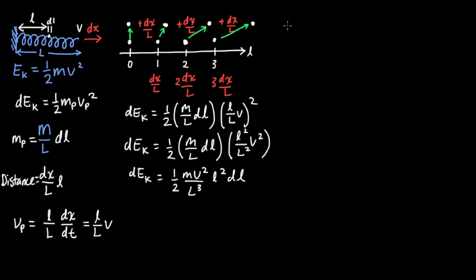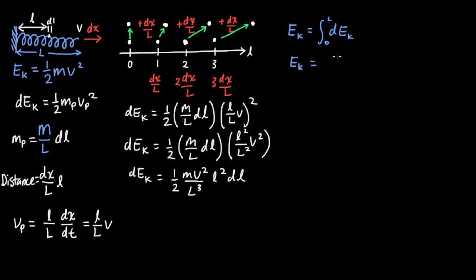The kinetic energy of the spring is the sum of the kinetic energy of all the points on the spring. To calculate this value, we take the integral of dE sub k. So the kinetic energy of the spring, E sub k, equals the integral of dE sub k, and that's over l equals 0 and l equals L, the length of the spring.